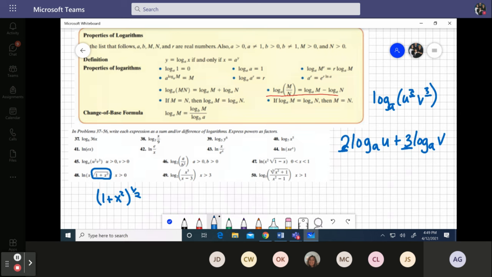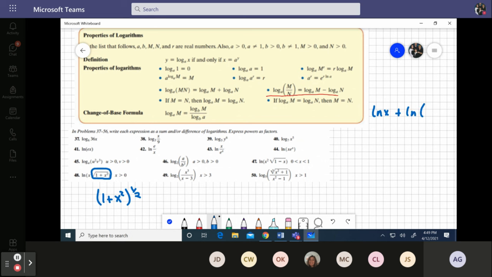So if I have the natural log of x plus the natural log of 1 plus x squared to the 1/2, the only thing else I can do to break this down is bring that 1/2 down front like any other exponent.